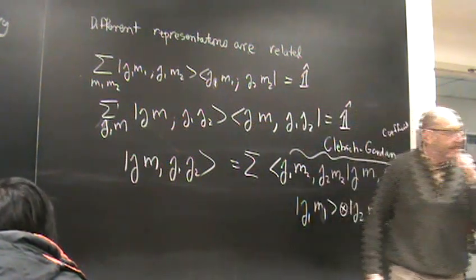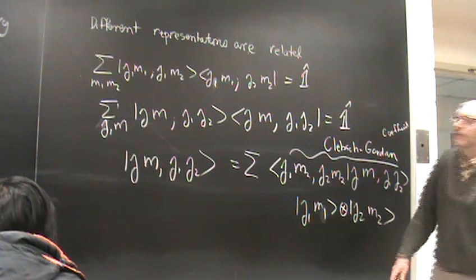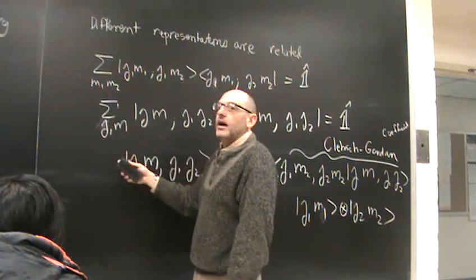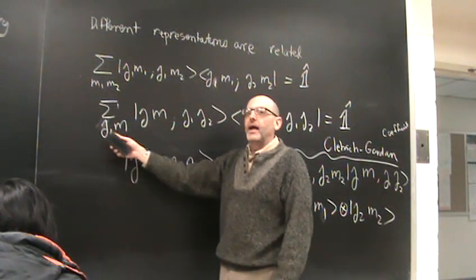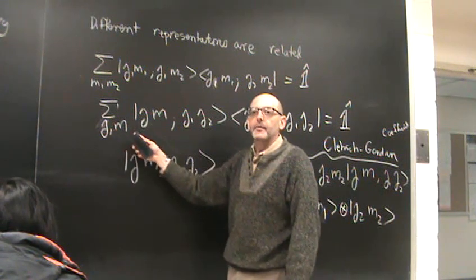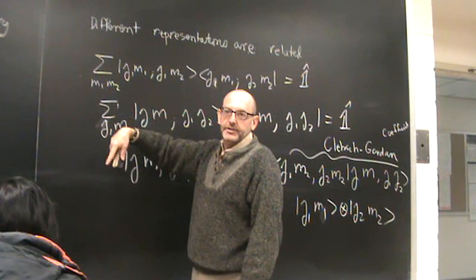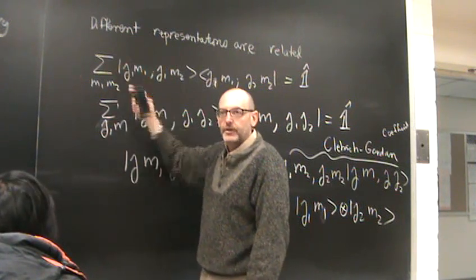But one thing we could see, this goes to Amir's question, which is, what are the allowed values, or what is the range of values of the total angular momentum quantum numbers, J and M? Okay. We know in this case, M1 goes from minus J1 to plus J1, and M2 goes from minus J2 to plus J2.